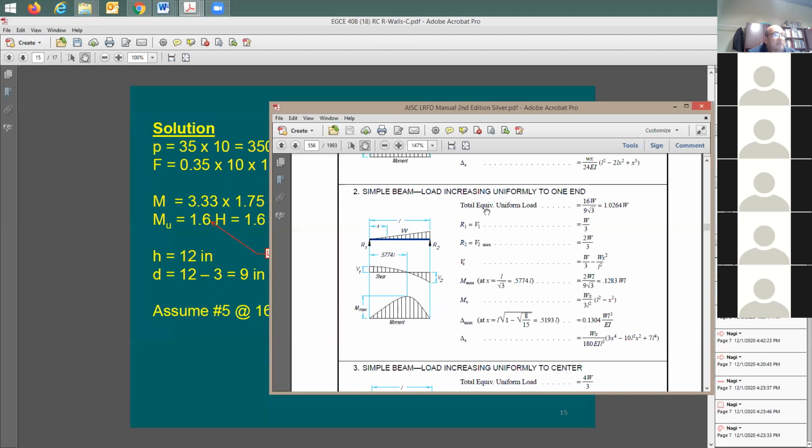Total equivalent uniform load is going to be equal to this number times W times L. What does it tell you? What is W here for you? Is W the uniform load like P, or is W like the total force? It should be total force, I think.